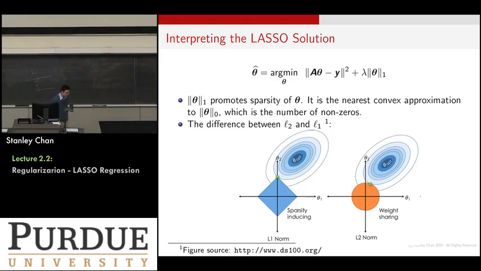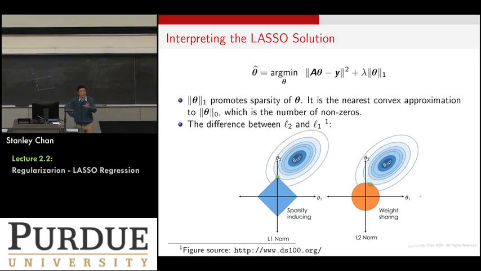So why does this L1 norm help you to achieve that goal of picking a small number of non-zeros? You can view it through the following diagram. So what is a 2-norm square? Well, if you think about it a little bit more, the 2-norm square on theta is actually drawing a circle. Okay?